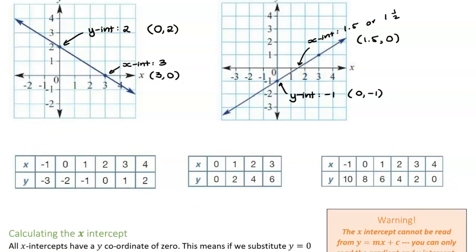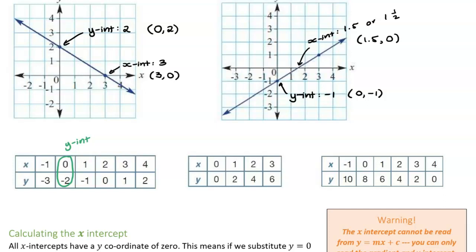We need to be careful when we're looking at tables. So we need to find the y-intercept, which has an x-coordinate of 0. Sorry, I think I misspoke before. The y-intercept has an x-coordinate of 0. There we go.